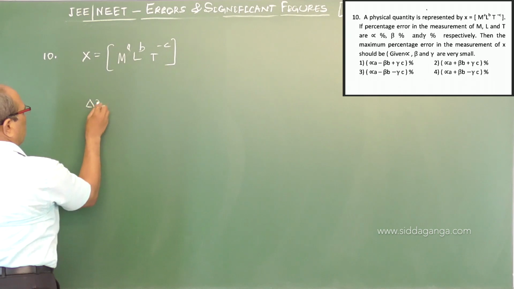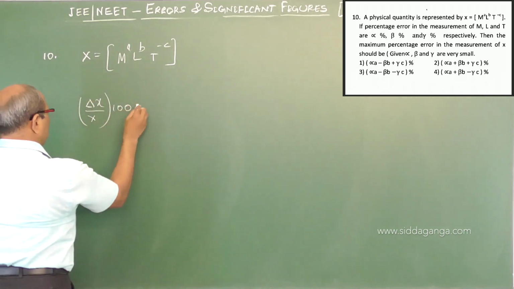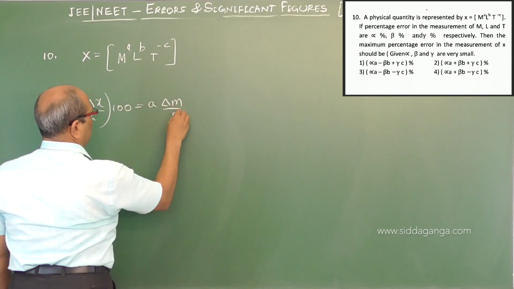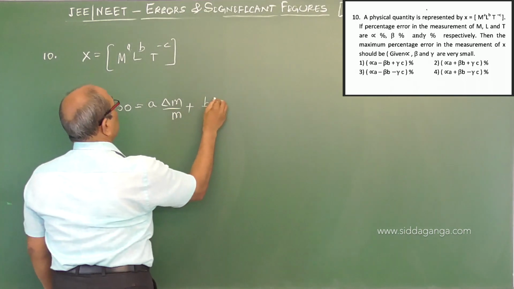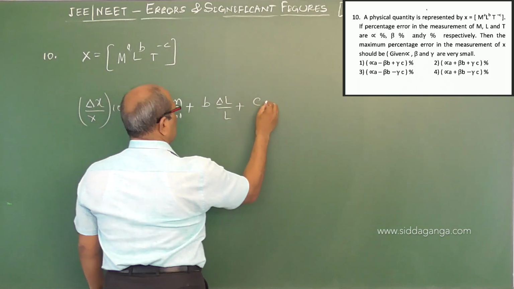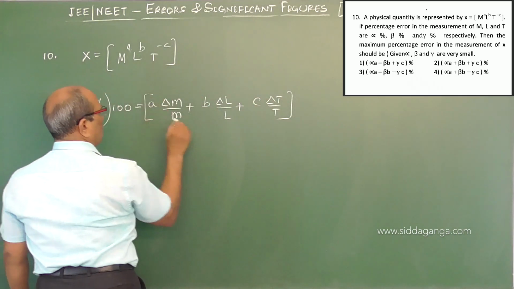So again the concept is the same. Delta x by x into 100 is a times the effect of mass, delta m by m, plus b times the length, delta L by L, plus c times the time, delta T by T, into 100.